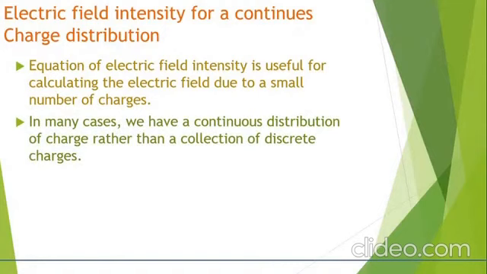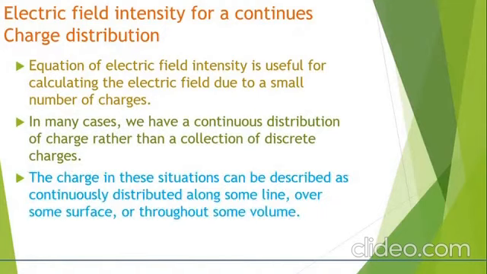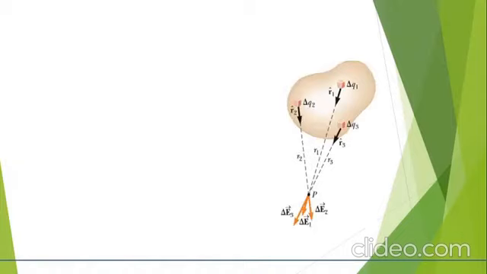The charges in this situation can be described as continuously distributed along some line, over some surface, or throughout some volume. Here in this figure, we can see that charges are distributed continuously.